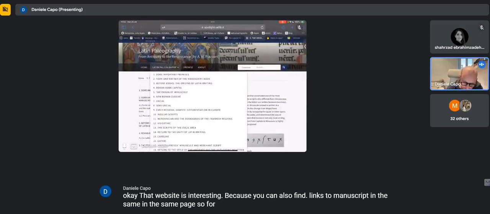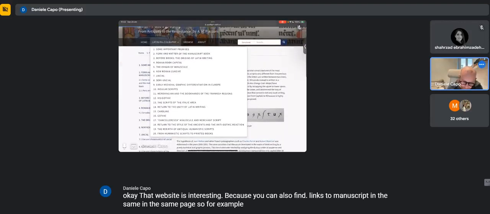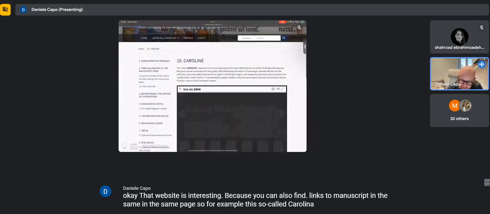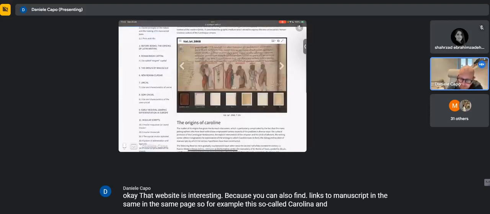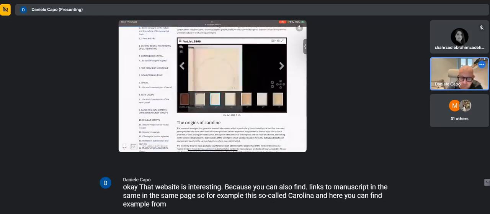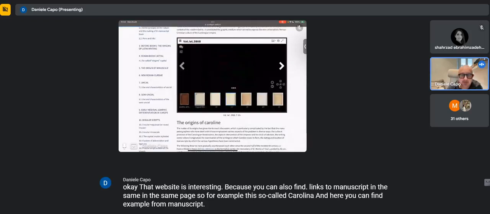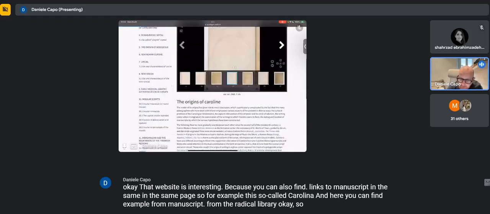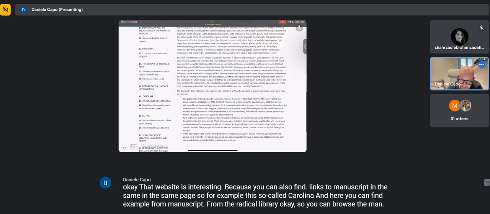So, for example, the so-called Carolingian or Caroline, and here you can find an example from a manuscript from the Vatican Library. Okay, so you can browse the manuscript here.